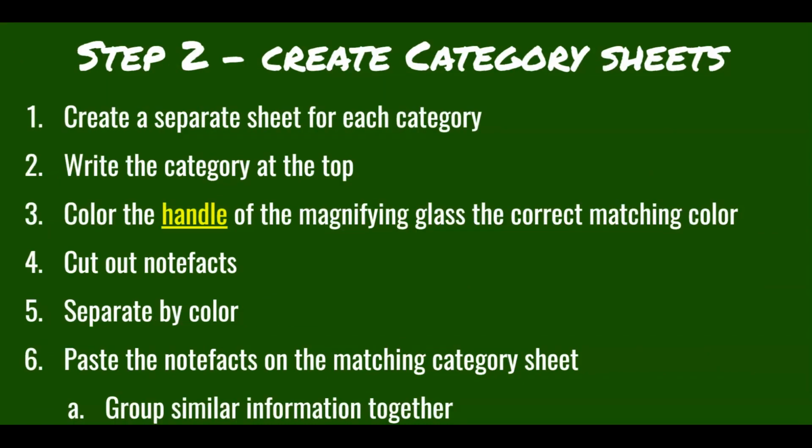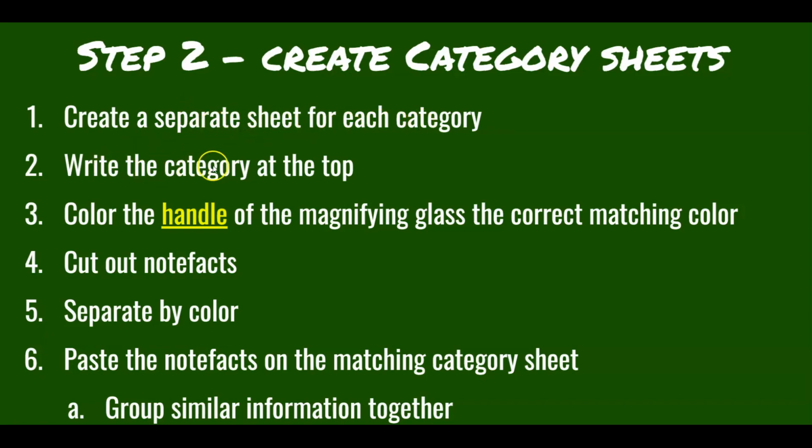Okay, so the next step in organizing is to create a place to put your notes in the categories. So we're going to do that with category sheets, okay? So in your packet, there are category sheets, and you're going to create one sheet for each category. So each category gets its own sheet, a separate sheet.